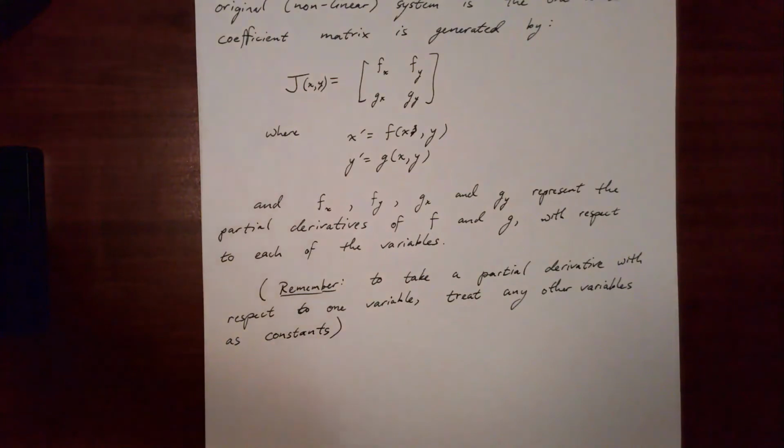Now, this may seem like a very strange process, taking these partial derivatives and such, but let's just think about what derivatives even mean. They represent the rate of change. A partial derivative represents the rate of change in a specific direction, the x direction or the y direction.